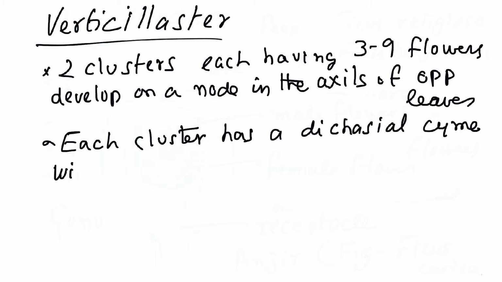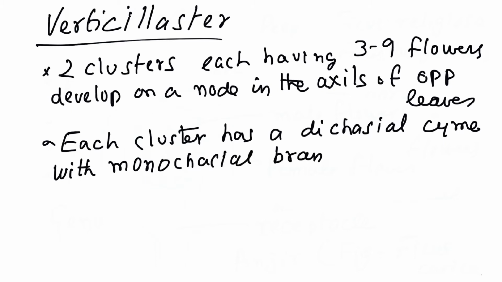This is a very important point, a point which a student shouldn't forget as far as the examination point of view is concerned. That is, in Verticillaster, each cluster has a dichasial cyme. Further, it also has branches which have monochasial cyme. So note this point.